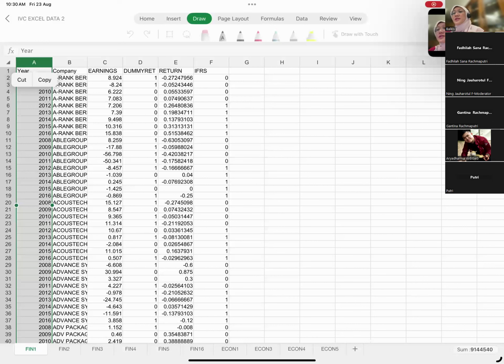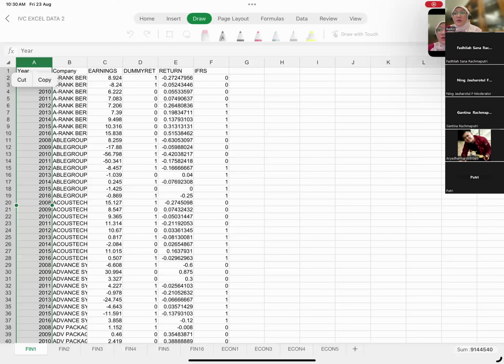You import the data from Excel to those software, and then we run the Hausman test to identify whether to use fixed effects or random effects. So if we reject H null, it means that we use fixed effects. So when you come out with the model, we use the fixed effects model.